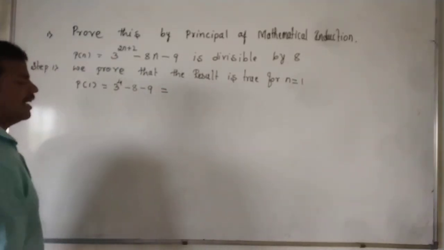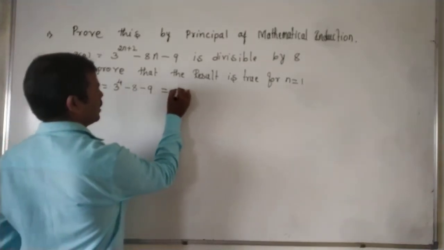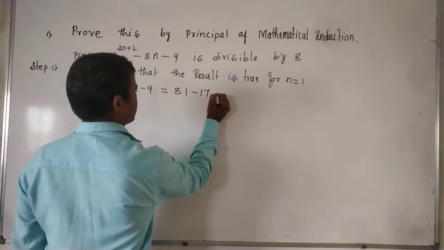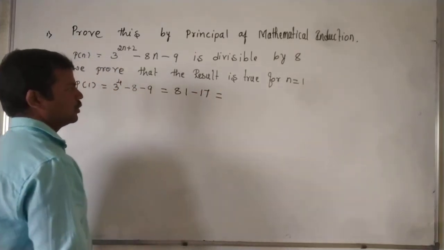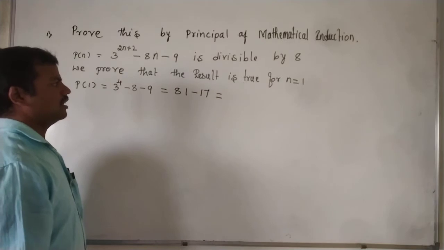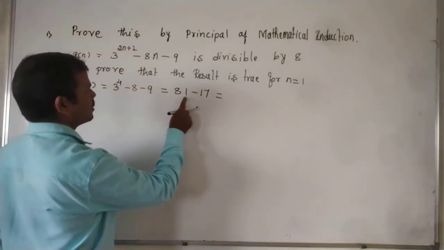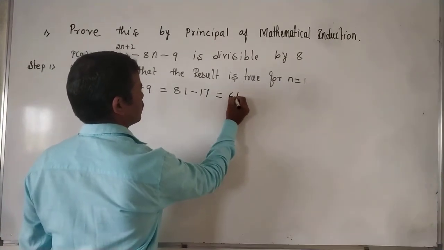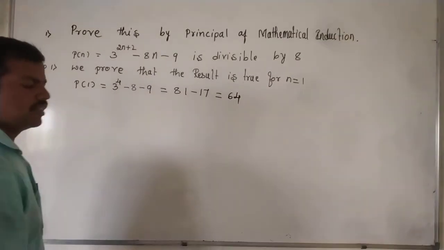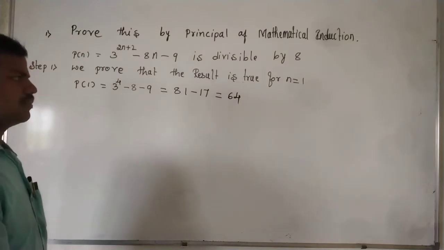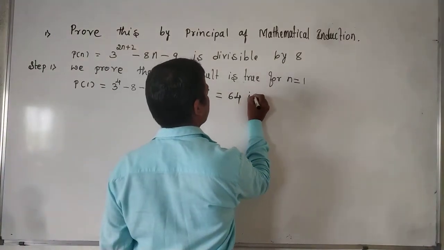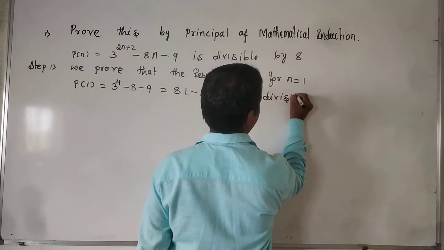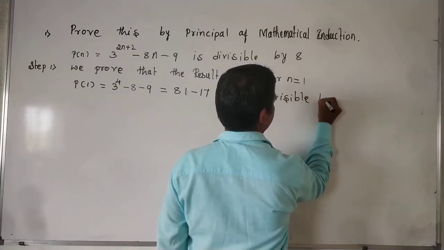So 81 minus 17 is equal to 81 minus 17, that is 64. So that is 64. 64 is divisible by 8.